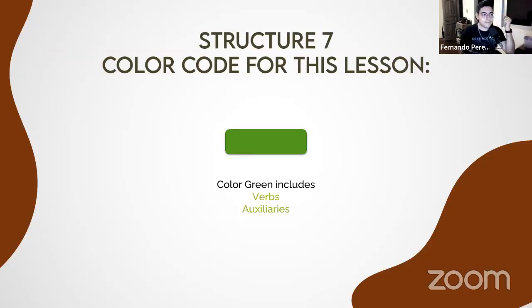The auxiliary is a word that is necessary for the verb. It's like an assistant. The auxiliary is an assistant to the verb. And it will help me give specific instructions or a specific context about the verb. So let's take a note about this information.